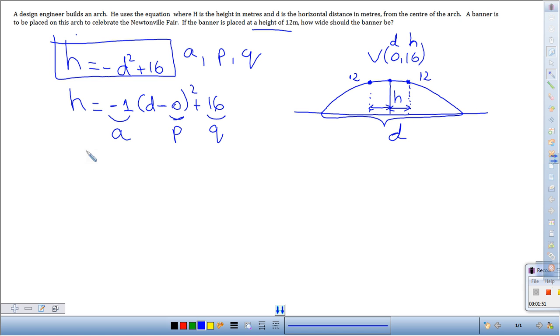Well, if the height is 12, I'm going to replace the height with 12, equal negative d squared plus 16. And right now we just have to find the values of d that satisfy this equation. So 12 minus 16 equals negative d squared. Negative 4 equals negative d squared.